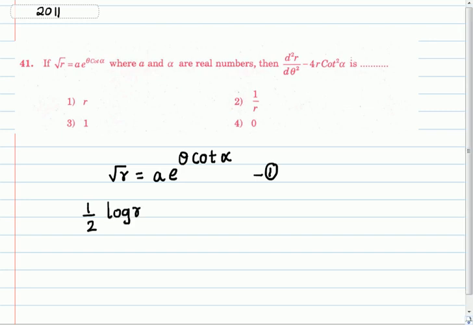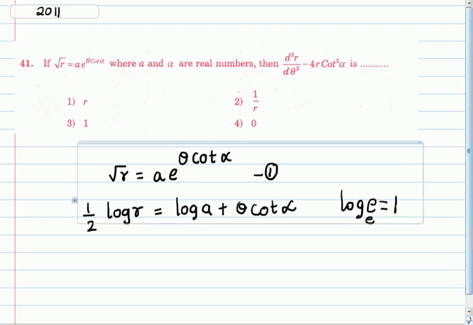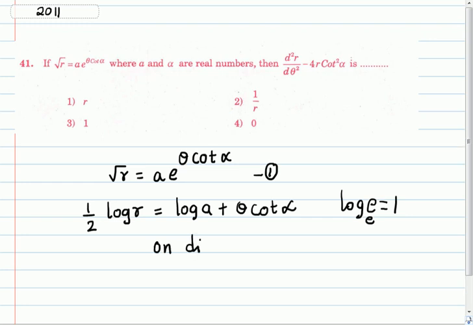I'll be getting 1 by 2 log r is equal to log m plus log n, which is nothing but theta cot alpha, where log of e to the base e is always equal to 1. Hence, now differentiate.